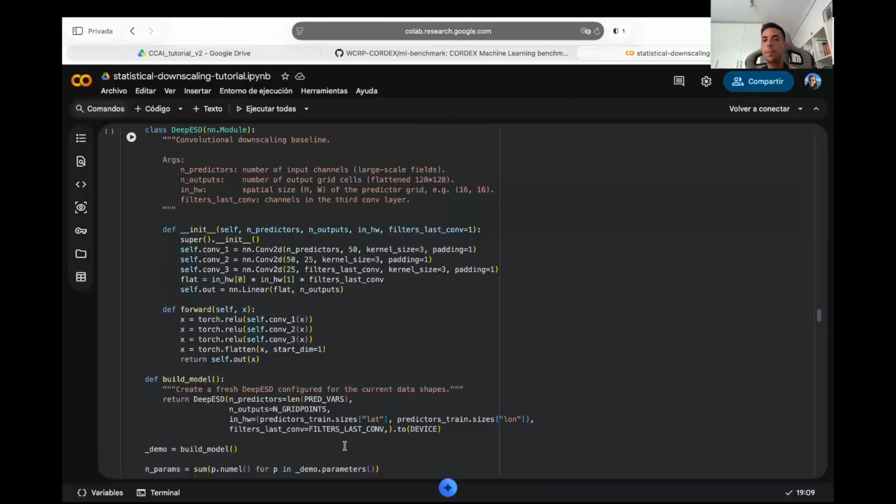But this model, despite being that simple, still works quite fine, and it has been used a lot in operational settings. So it's nice for you to know this model, because it has been an important model in the statistical downscaling literature.